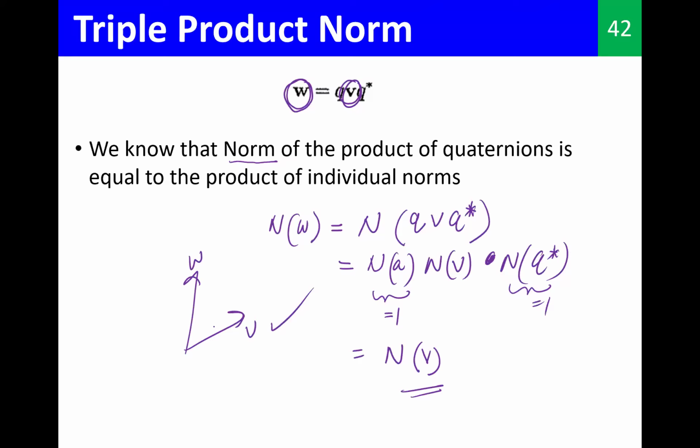Now the final thing is to figure out whether this theta angle is the same angle given by cos theta plus u sine theta, which is our new definition of the quaternion. So let's do that as well.